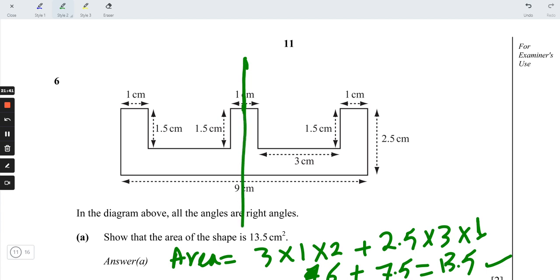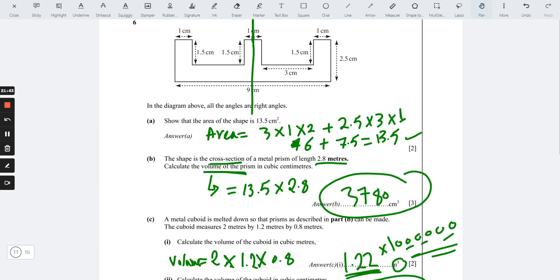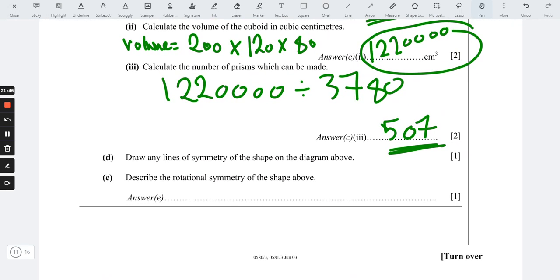Yes, this is the line of symmetry. Then describe the rotational symmetry of the shape above. As you can see, we have one line of symmetry, which means you have at least one rotational symmetry.